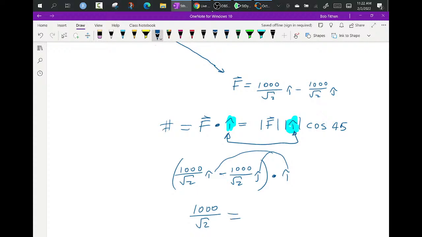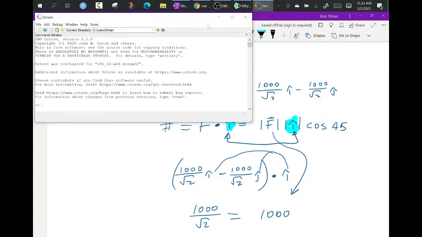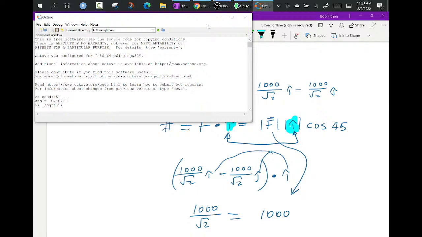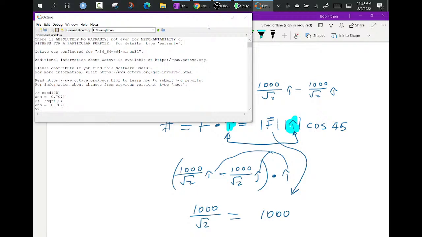Now, the other way you could look at this is, okay, I've got the magnitude, 1,000, and I could go in here, hang on, cosine of 45 degrees, and if you look at that, 1 divided by square root of 2, they're actually the same thing.